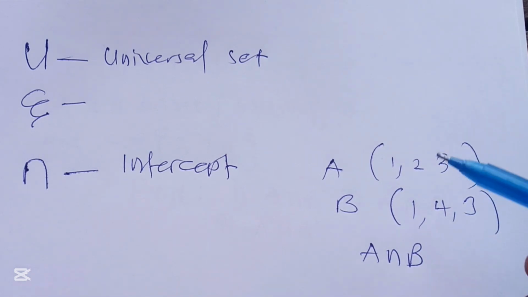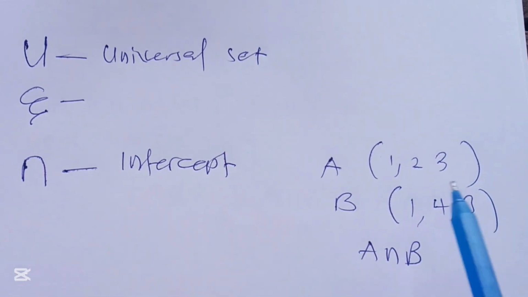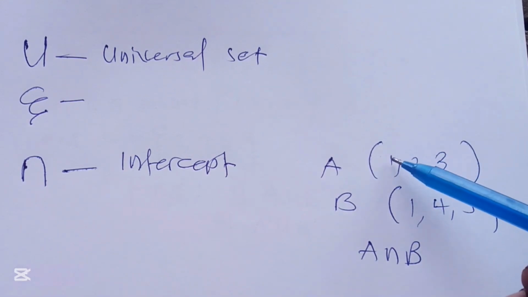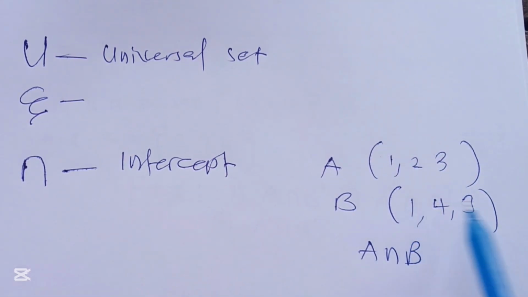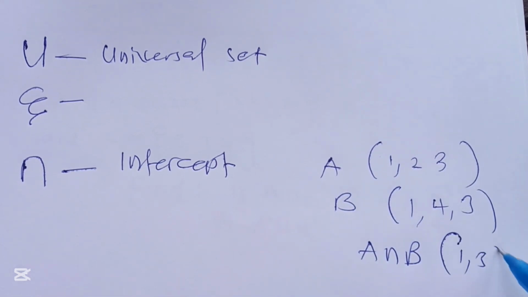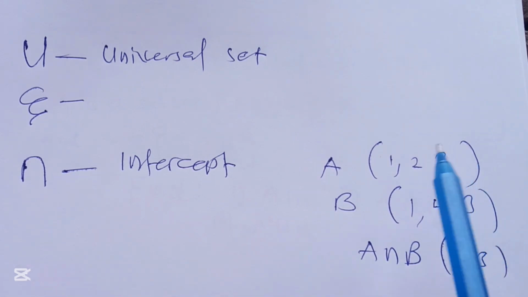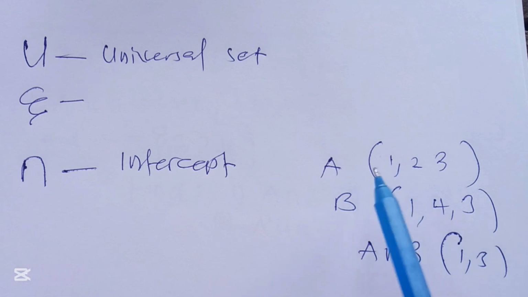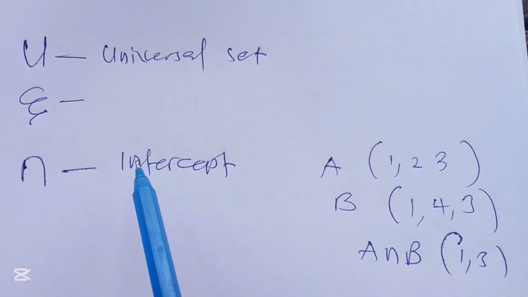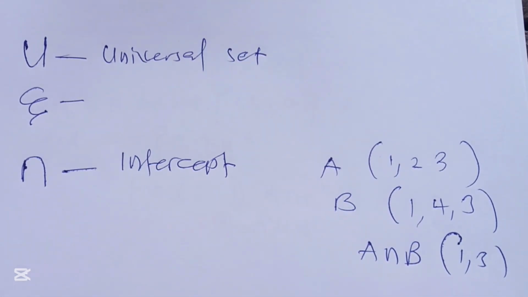We have 1 and 3 here, and also 1 and 3 on the B set. So automatically we say 1, 3. It is our A intersect B because these are the two numbers that meet at a point. That's what we call intersection: what they have in common.